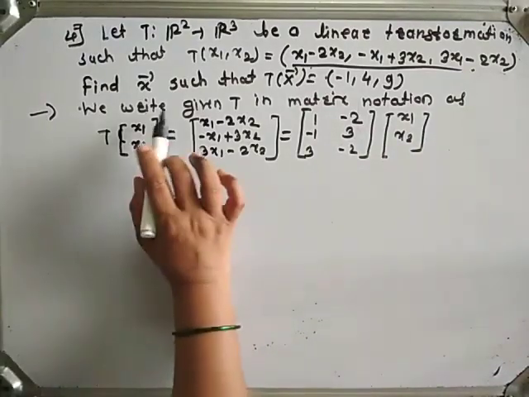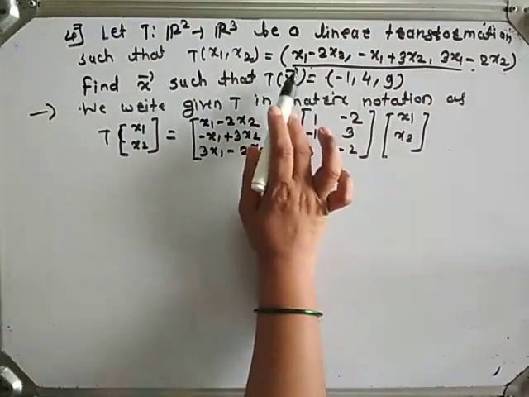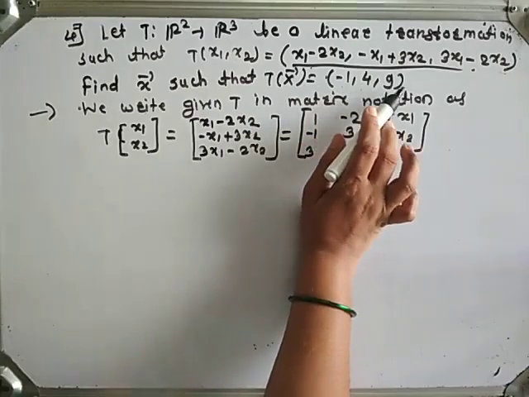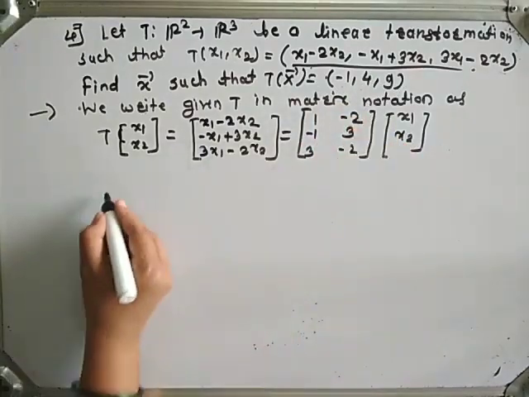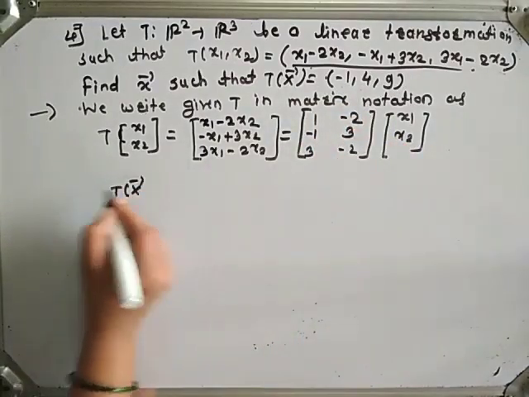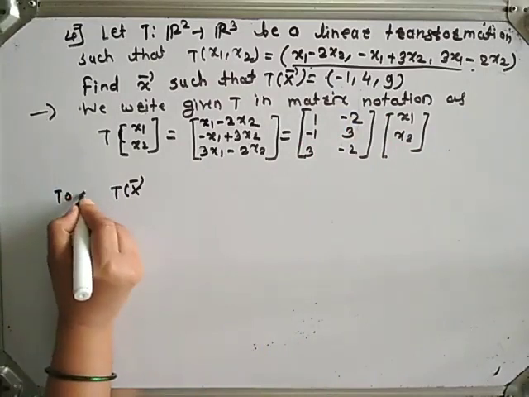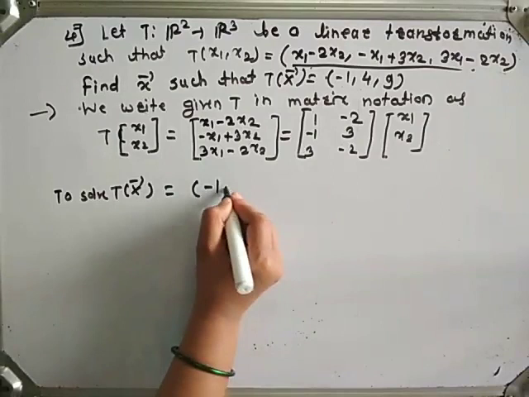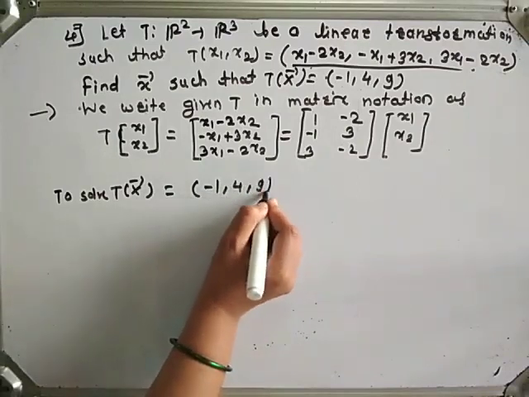We have to find x bar such that T of x bar is equals to vector minus 1, 4, 9. For this we have to solve T of x bar is equals to vector minus 1, 4, 9.